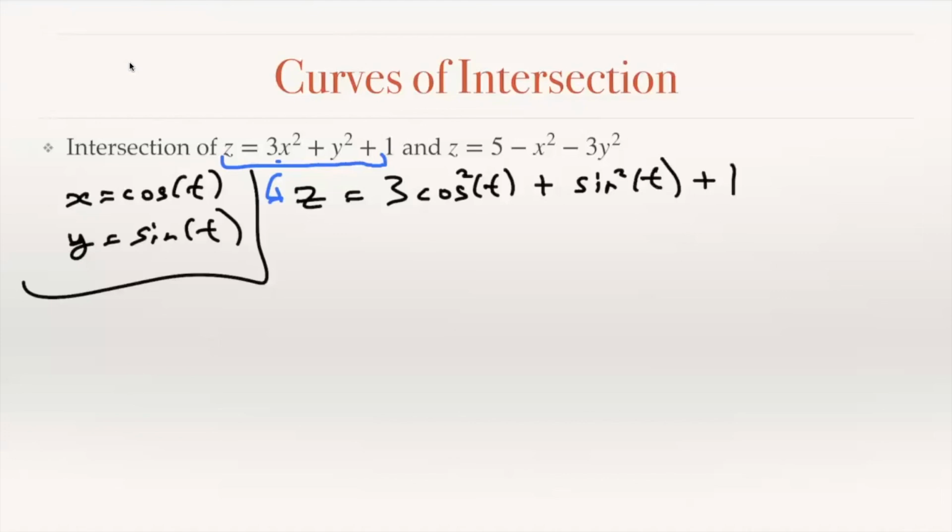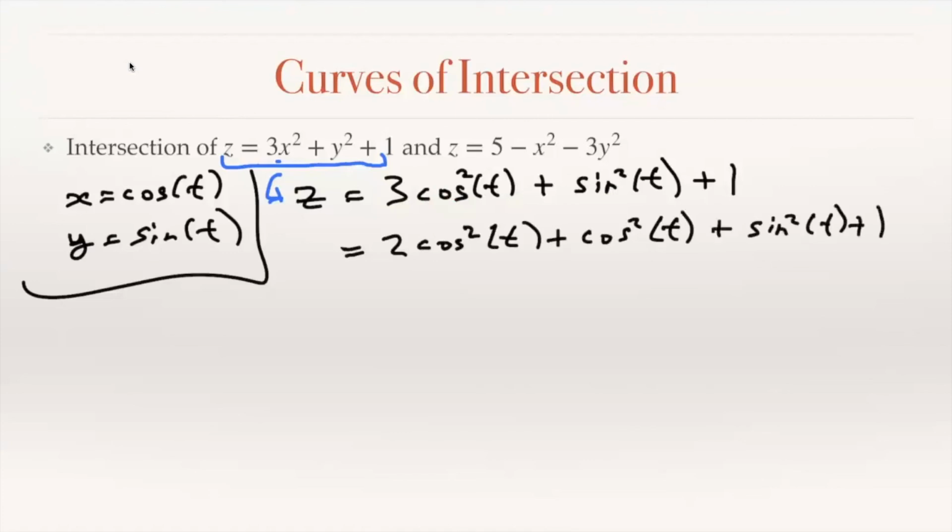So actually, it is fine, just not perfectly fine. So 3 cosine squared, well, the cosine squared and the sine squared would go away. So maybe we should write this as 2 cosine squared of t plus another cosine squared of t plus sine squared of t plus 1.